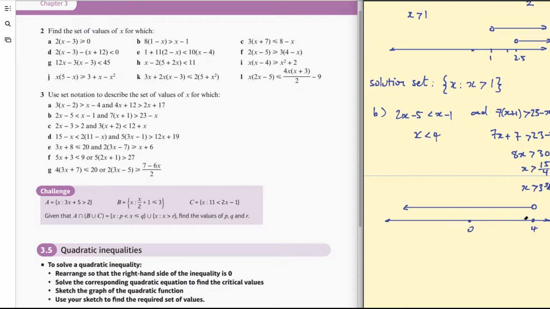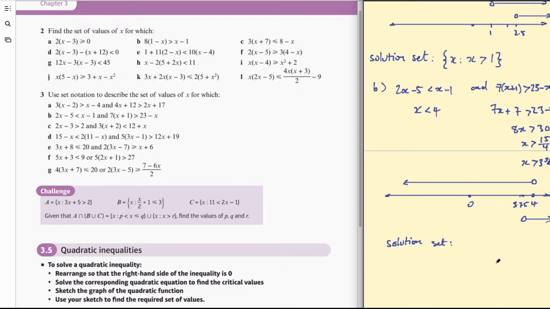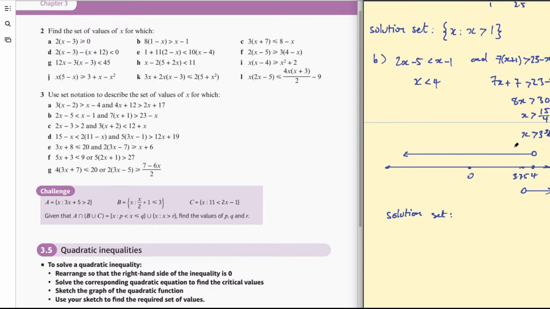Let's just say it's here. So the solution set is going to be between, so greater than 3 3/4 and less than 4.